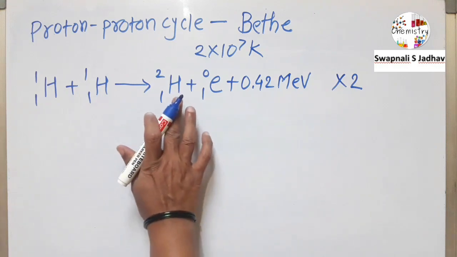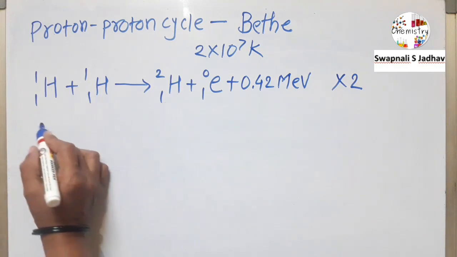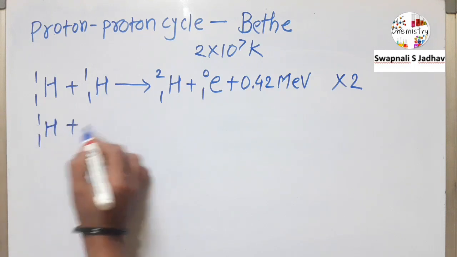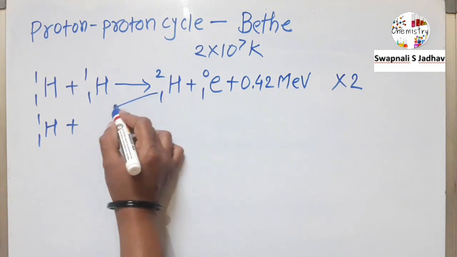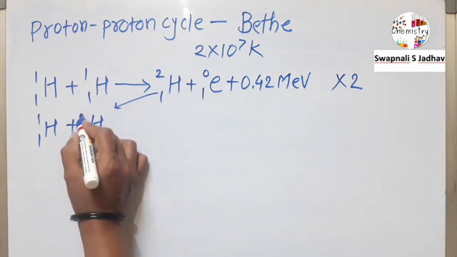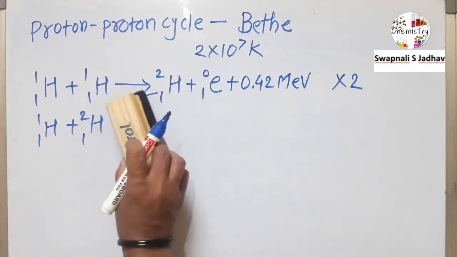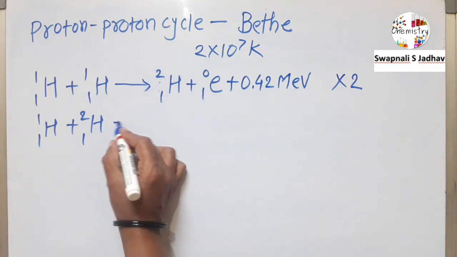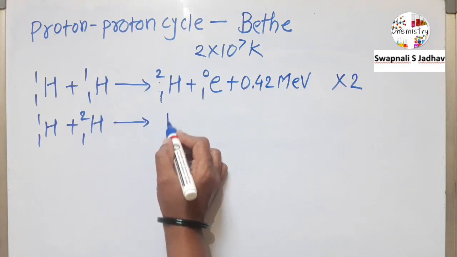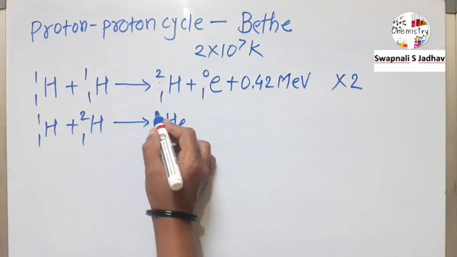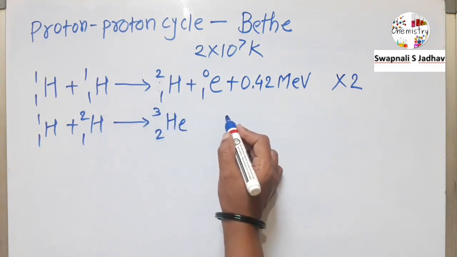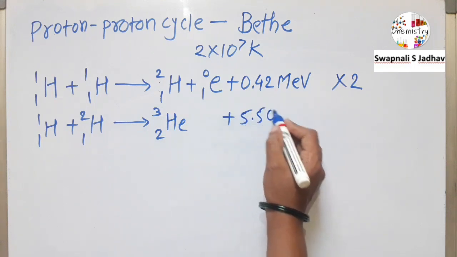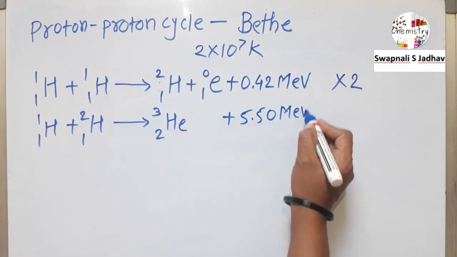Okay, then what happened? Another proton is fused with that deuterium, and there is formation of He23 plus with liberation of 5.50 million electron volt.